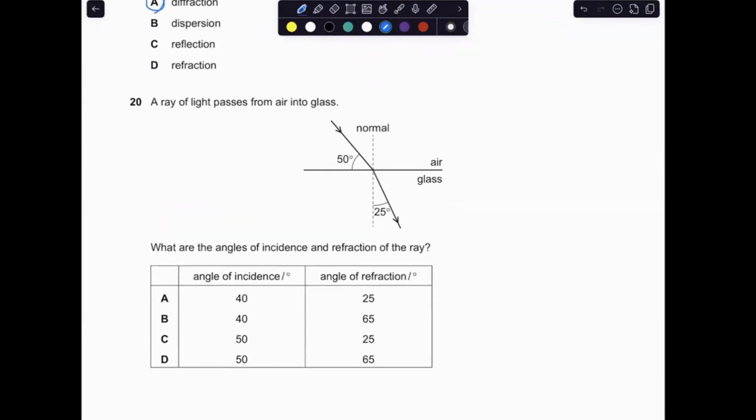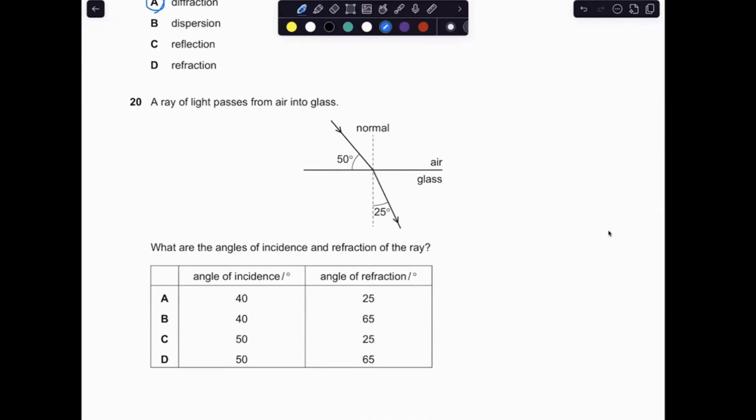Okay, in number 20, what's the angle of incidence and what is the angle of refraction? So what is the angle of incidence? Let's just mark those.